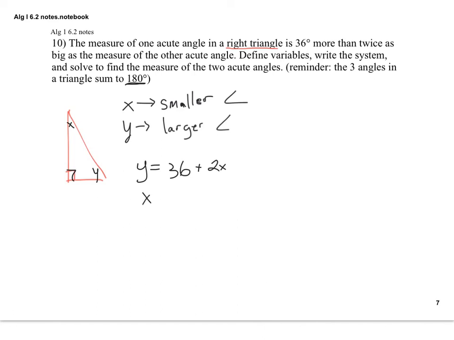So I can also say that x plus y is equal to 90. I probably didn't do a great job of explaining that. We could talk about it more later if you really have questions about that.